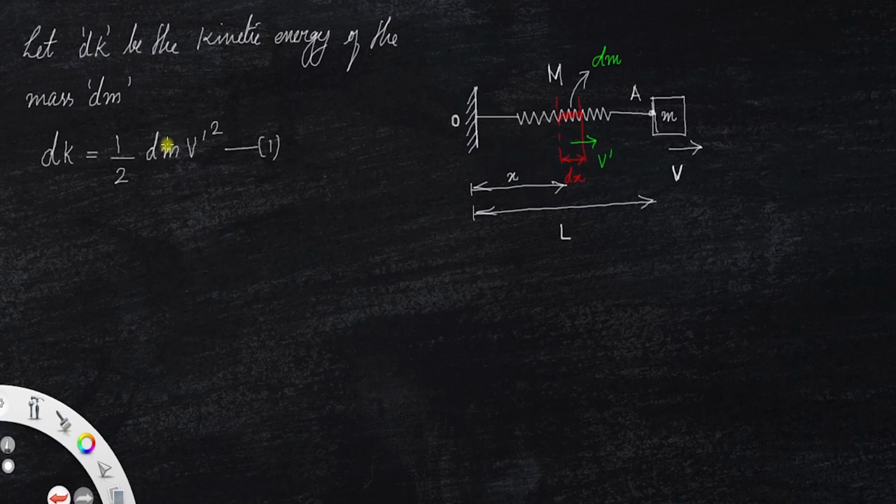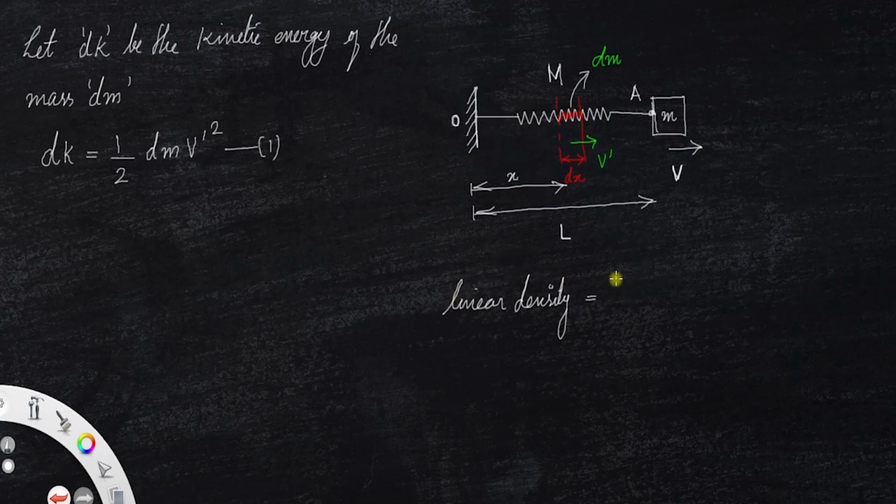Now we need to write this mass in terms of the mass of the spring. We have the linear density. Linear density means the mass per unit length. We consider this spring as having a uniform linear mass density, or simply linear density.